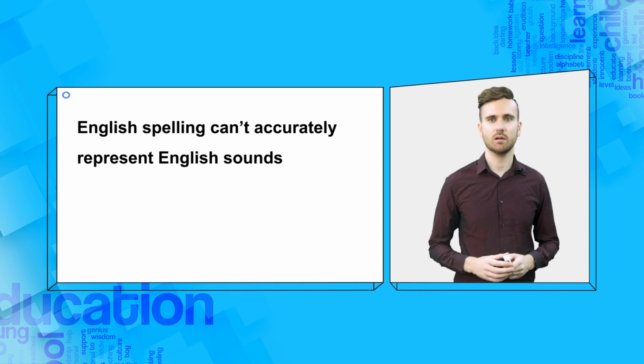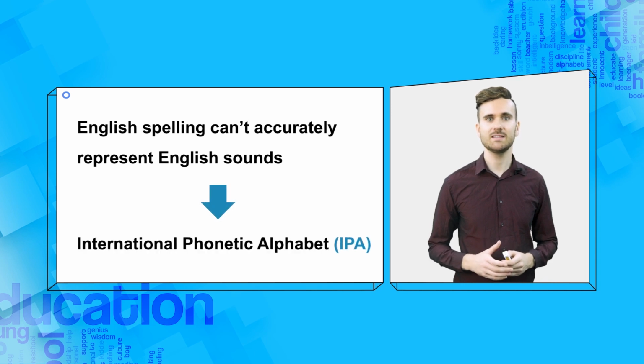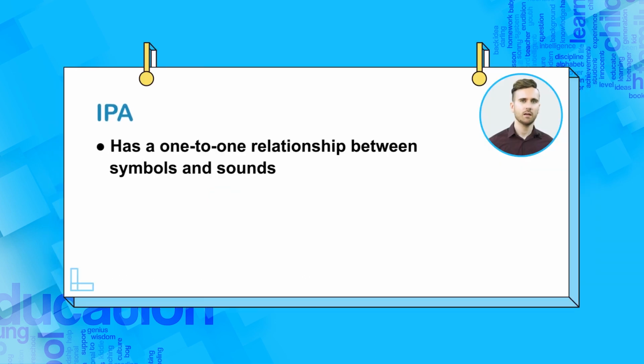There is one symbol for every sound in the world's languages. It is called the International Phonetic Alphabet, the IPA. In other words, the IPA has a one-to-one relationship between the symbols and the sounds, unlike English spelling.